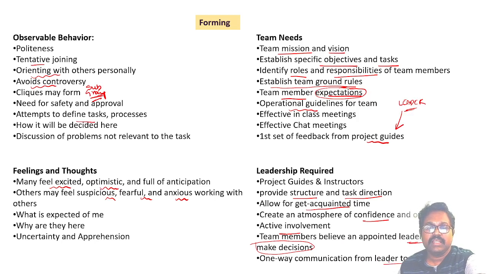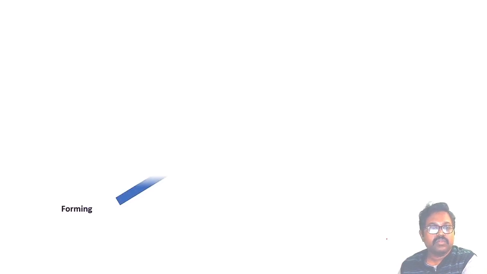So whenever the leader is formed, the leader will help to understand the roles and responsibilities of the individuals in the group, and he will communicate with everyone in the group so that the team will perform effectively. So the forming stage is the initial stage.